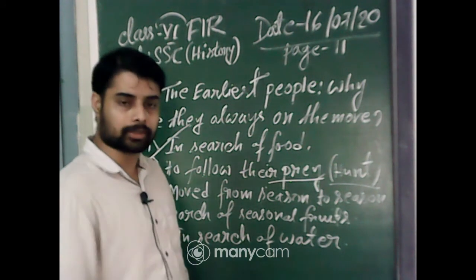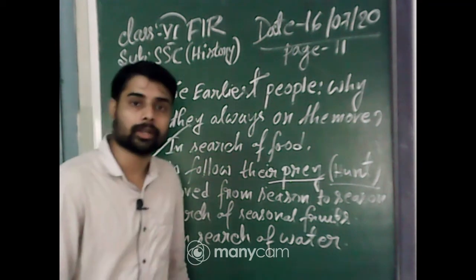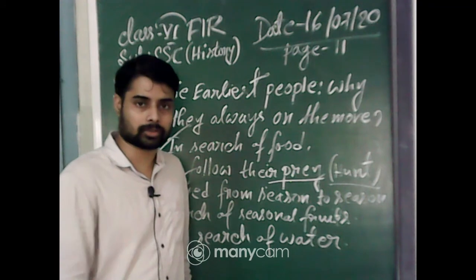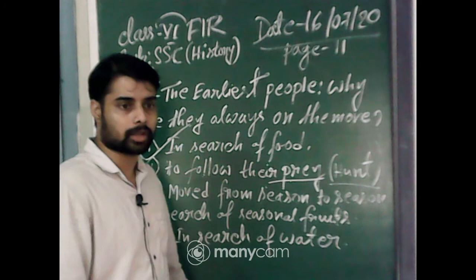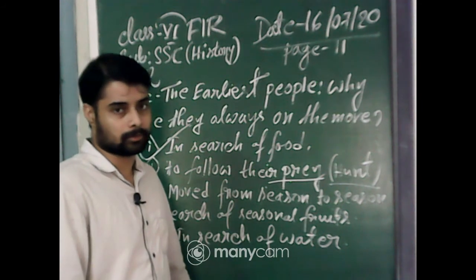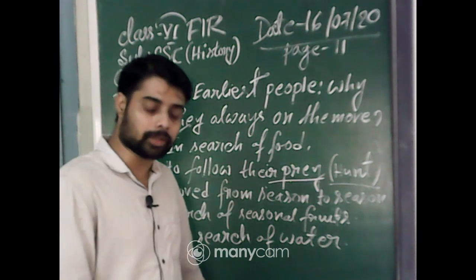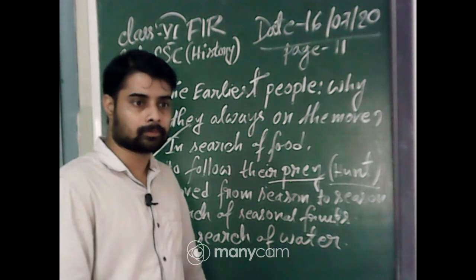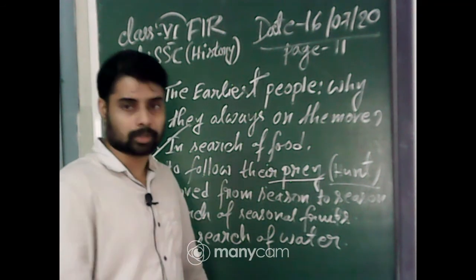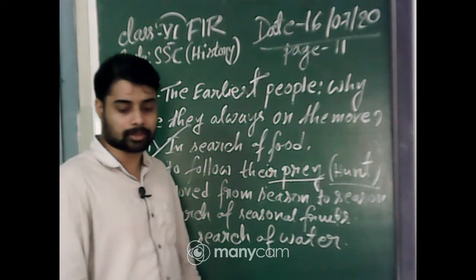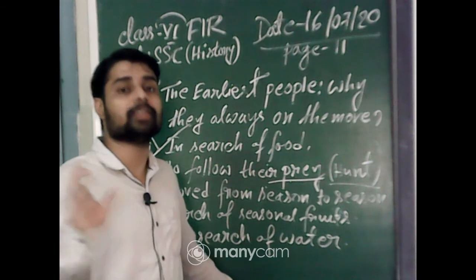Now, what is the third reason? Some plants and seeds grow in different regions in different seasons. So those plants, trees and fruits that were available in different seasons, people went to collect those fruits, roots and crops in different places in different seasons.